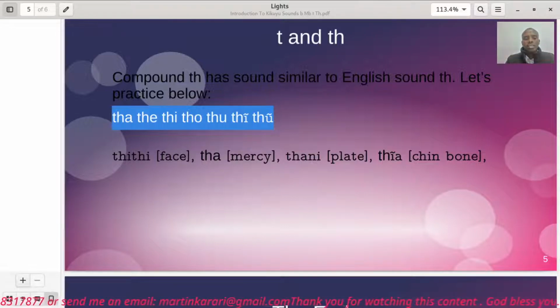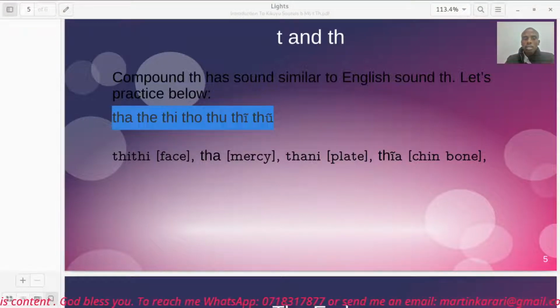Examples of words are the, face, the, mercy, thani, plate, their, shins. Okay, the shin bones here.